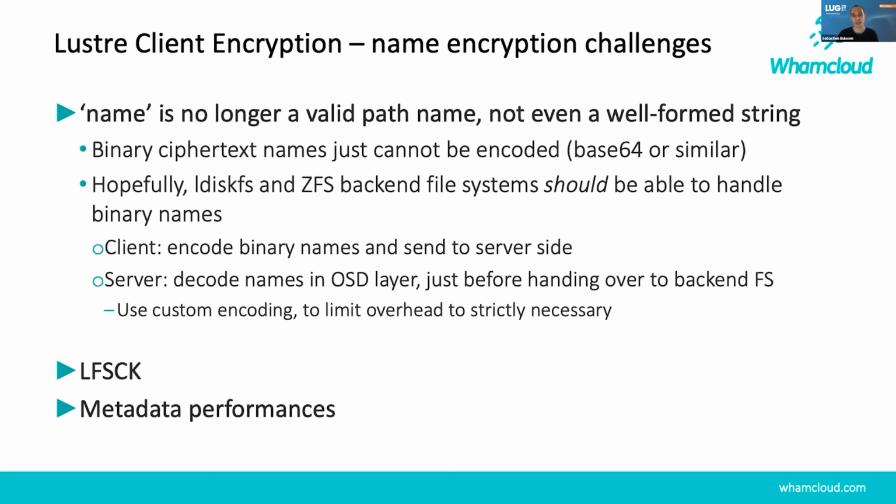For instance, for base 64, we have a 33% overhead. So if you encode a name max long binary name, it will be longer than that, and the backend file system will not be able to handle that long name.